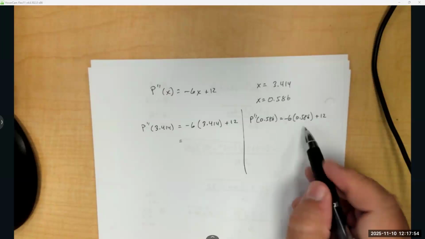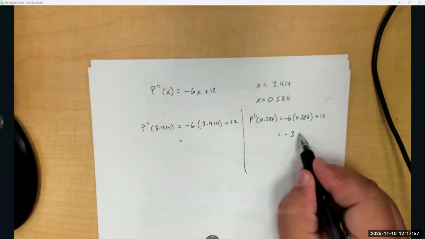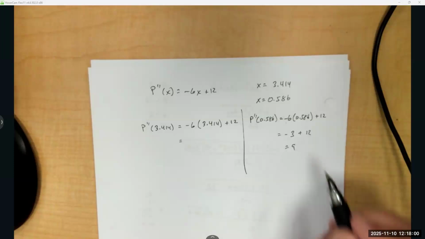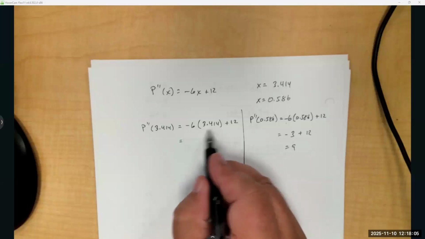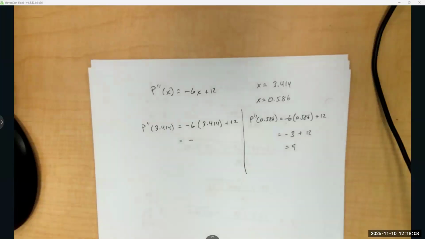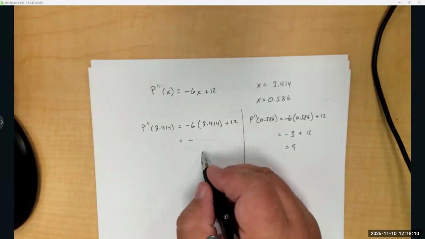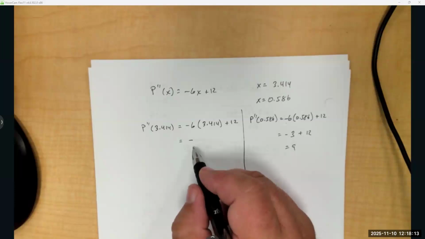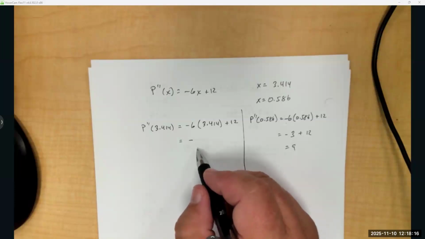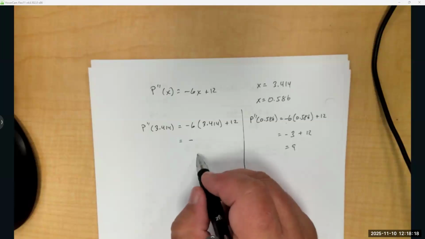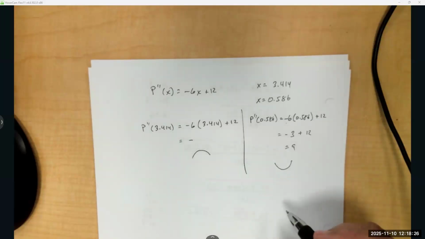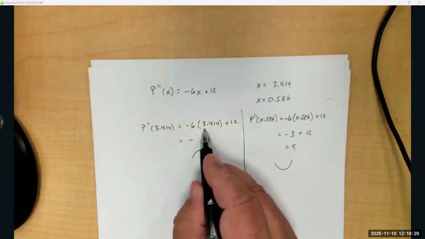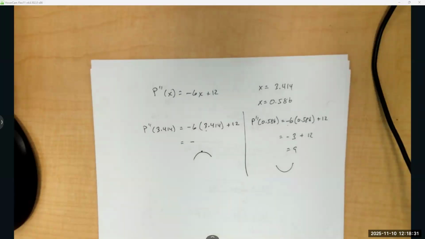Six times 0.586 is going to give us something like negative 3. 6 times 3 is 18. So this one's going to be negative. This one's going to be positive. So if the second derivative is negative, what does that tell us? Concave what? If it's positive, it's concave up. So our maximum will occur at that x value.